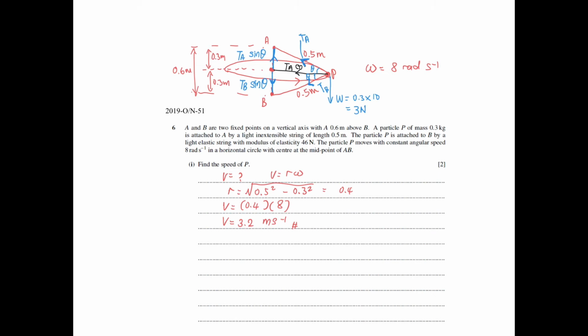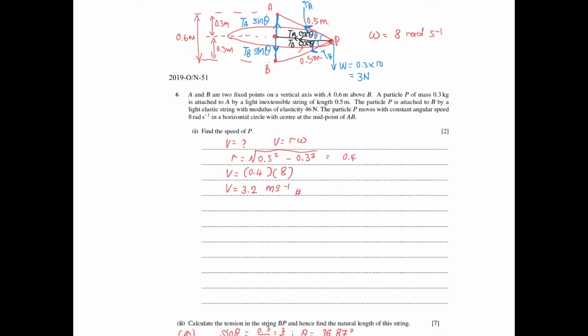So this component is acting in horizontal. For TB, we have the horizontal component also, which is TB cos theta. We have two forces that act to the center of the circle. This is the centripetal force that makes the particle revolve in a circular path. TA cos theta and TB cos theta contribute the centripetal force.